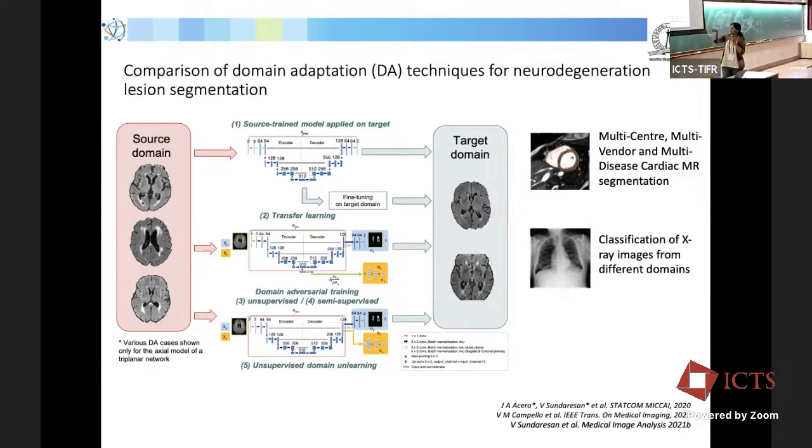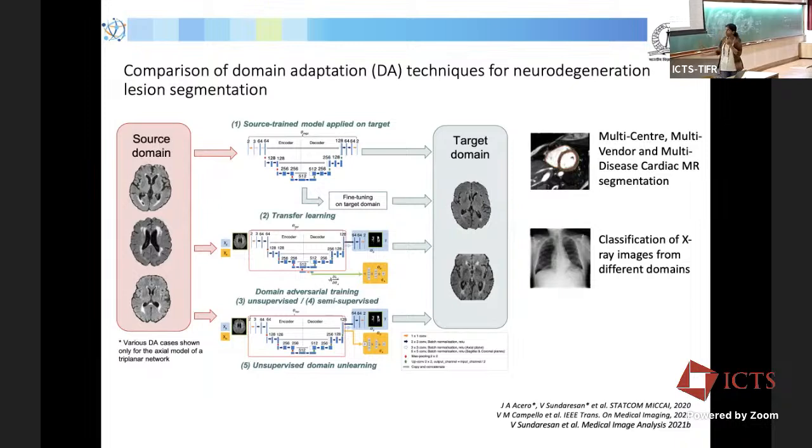So we compared all these methods, and we found that still the domain adversarial training, which is 3 and 4, performs better. In 3, it's even better because between 3 and 4, we didn't find any significant difference. So there is no use putting some label data, right? So we actually found that we can as well use unsupervised data.